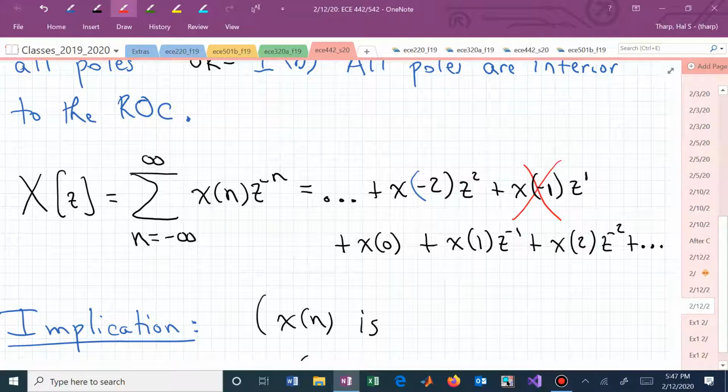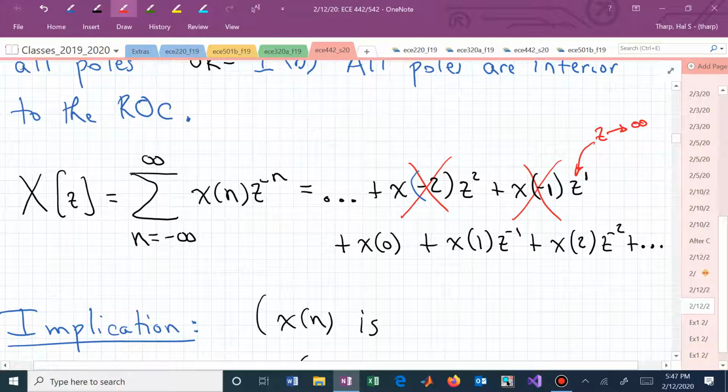It wouldn't be finite. If we let z be in the region of convergence, which in this pattern 1, one of those values was when z went to infinity. What does that say about x at minus 2? Well, z going to infinity, z squared is getting even bigger.